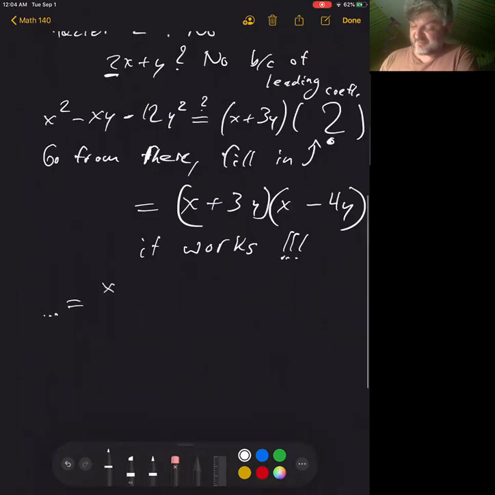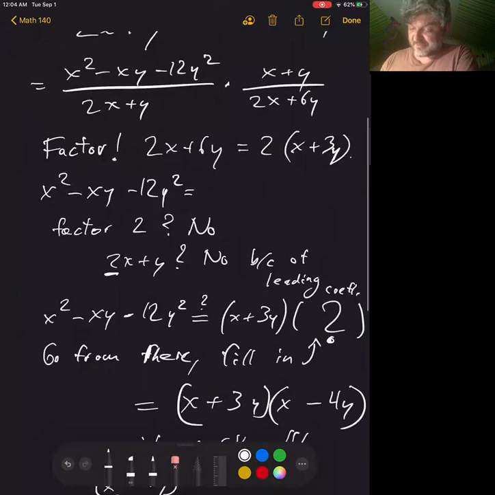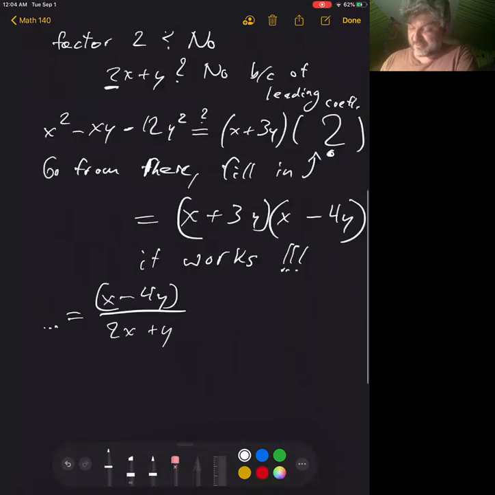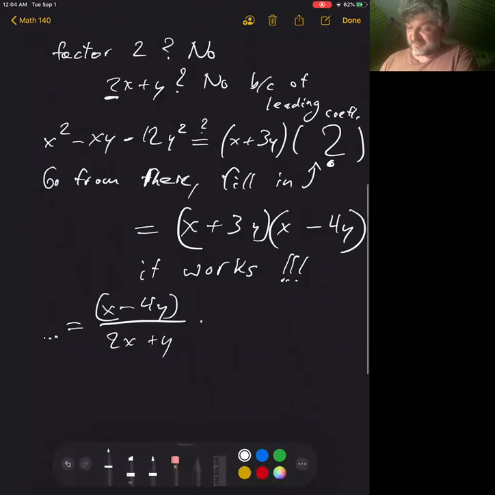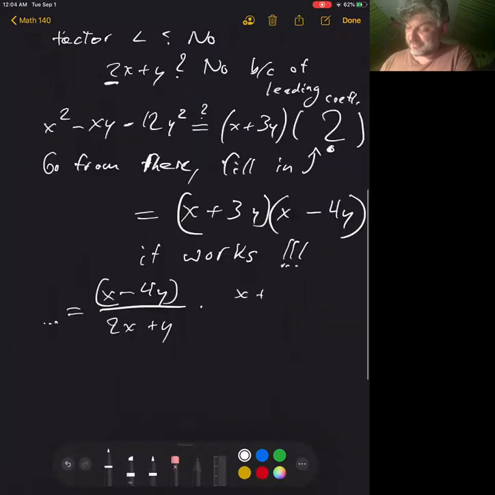That's going to be the x minus 4y and the 2x plus y. And the x plus y. And the lonely factor 2.